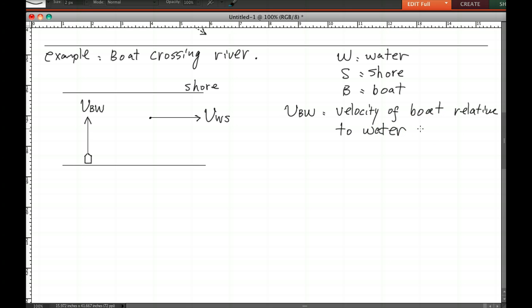Now if the boat has a maximum velocity of, let's give it 5 meters per second, this one means the velocity relative to the water only.